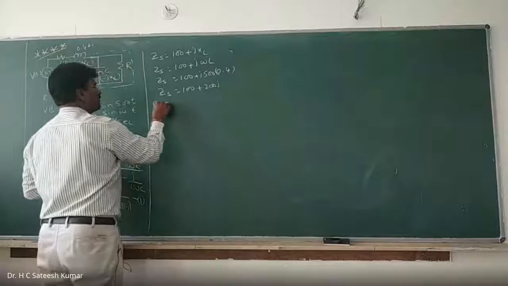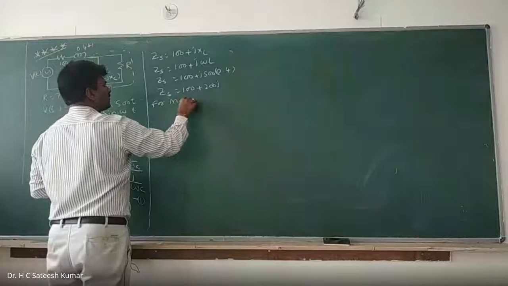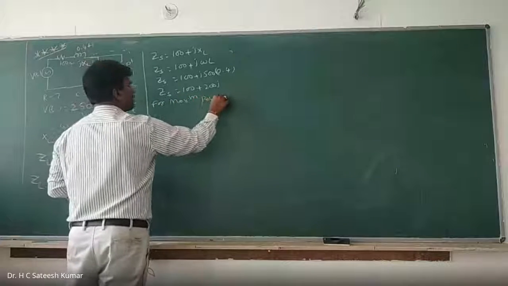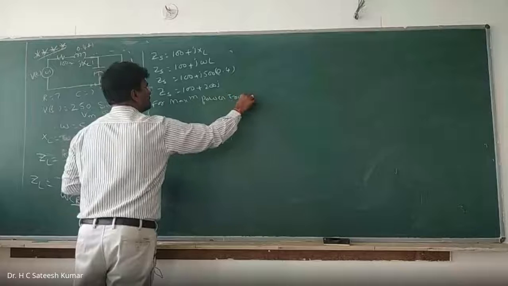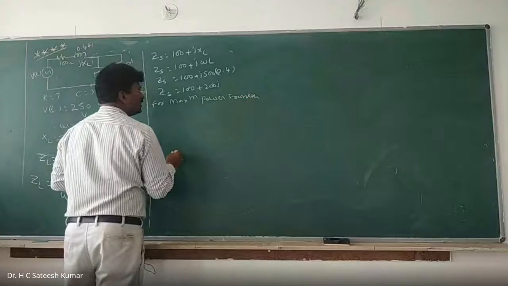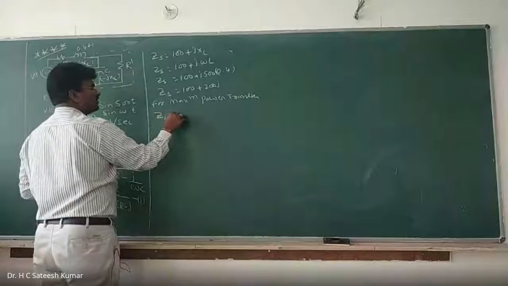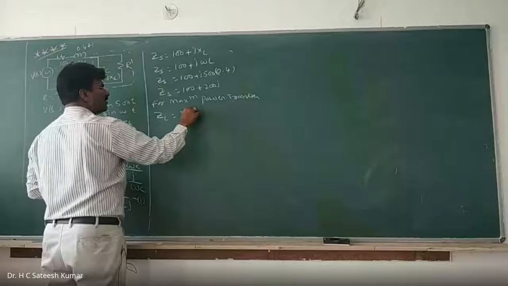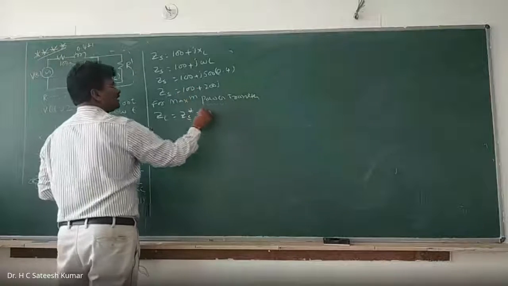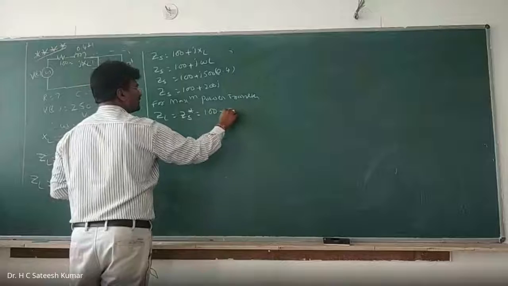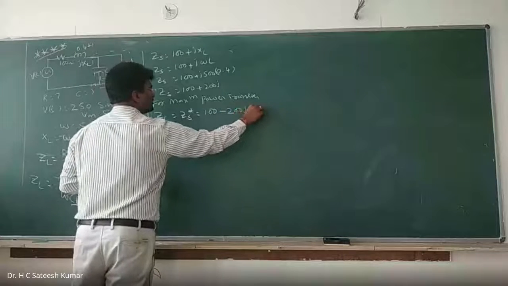Therefore, for maximum power transfer, we have ZL should be equal to ZS star, the complex conjugate of the source impedance. The complex conjugate of this one is 100 minus 200j. Call this equation number 2.